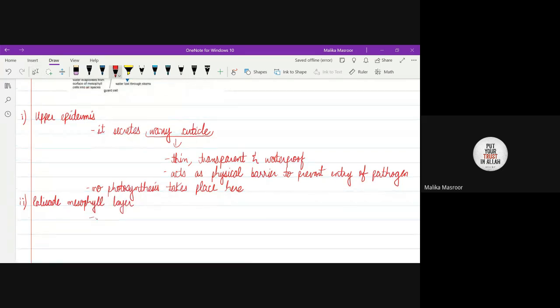It contains numerous chloroplasts and maximum photosynthesis takes place here.